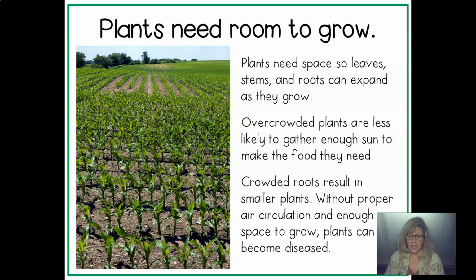Overcrowded plants are less likely to gather enough sun to make the food they need. Crowded roots result in smaller plants. Without proper air circulation and enough space to grow, plants can become diseased.